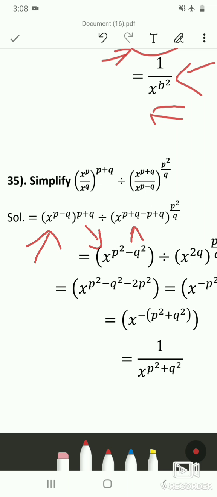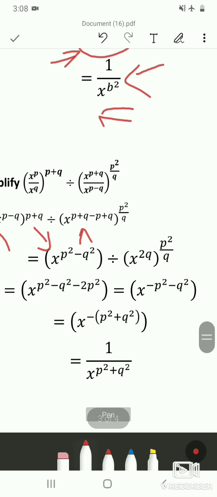So after that we can use the formula and we'll get it as x raised to p square minus q square whole divided by, here this p and this p will get cancelled, so you're left with the 2q whole raised to p square upon q.